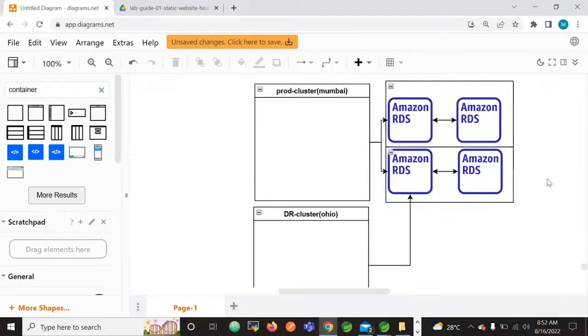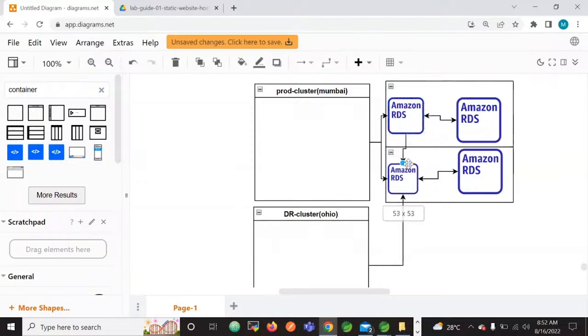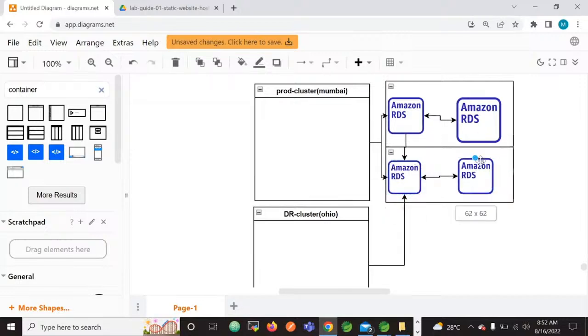Whether the data is saved or created through the DR, that will be synced to this database as well. So there is a concept called database master to master, slave to slave synchronization.